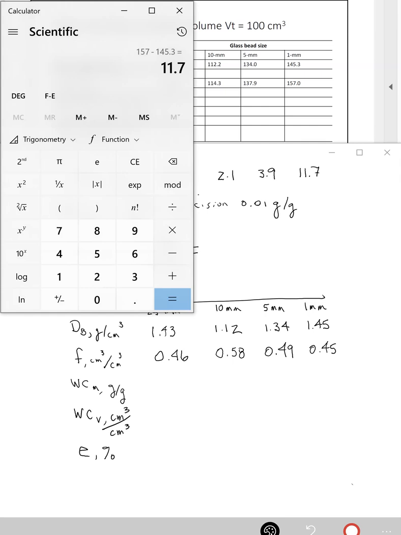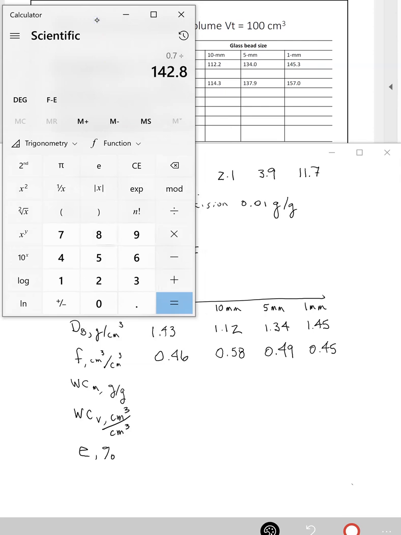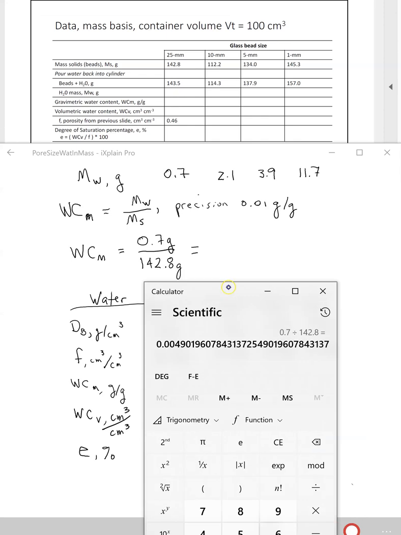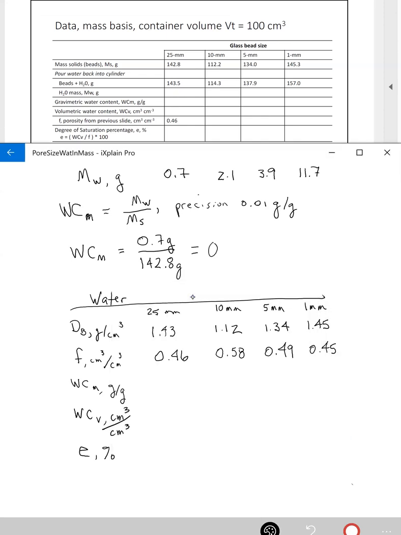We have 0.7 divided by 142.8. We get 0.005, actually 0.0049.